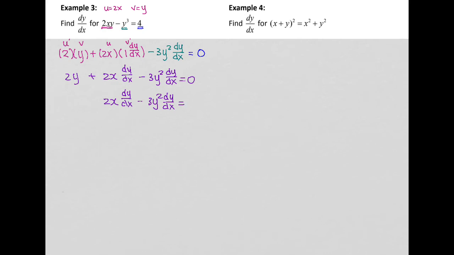And all the terms without the dy over dx, we're going to remove them. So it'll be negative 2y on the right-hand side now. And we're going to factor out dy over dx. And now I can find my dy over dx by dividing it. Therefore, my dy over dx will be negative 2y over 2x minus 3y squared.